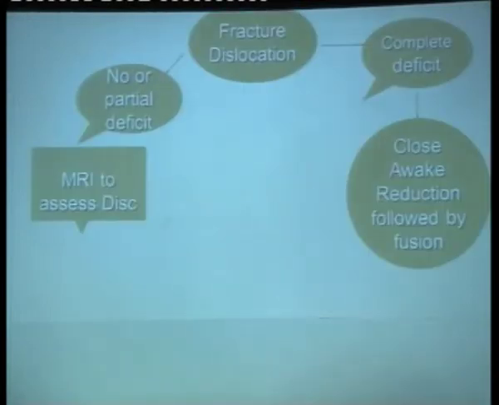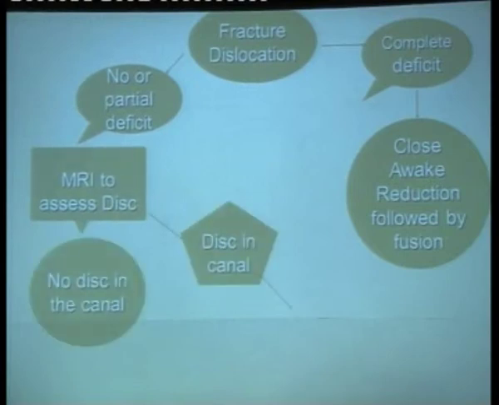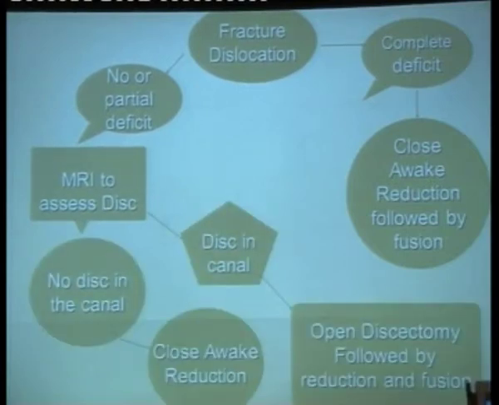Now, when it comes to cervical fracture dislocations, the management depends on whether there is a complete or a partial deficit. If there is no or partial deficit, one may go in for an MRI, and if there is a disc, you may not go in for a closed reduction and go in straight to the theater.